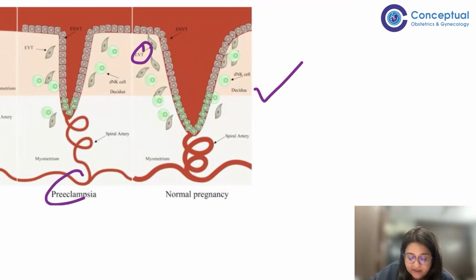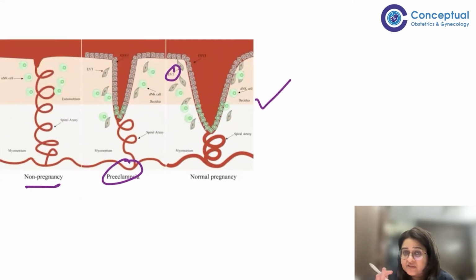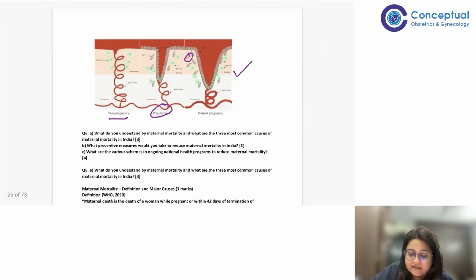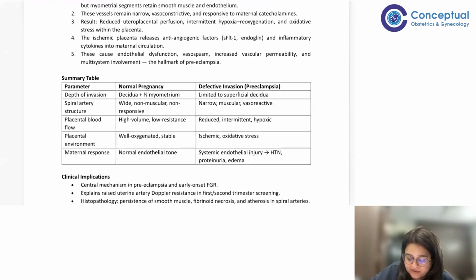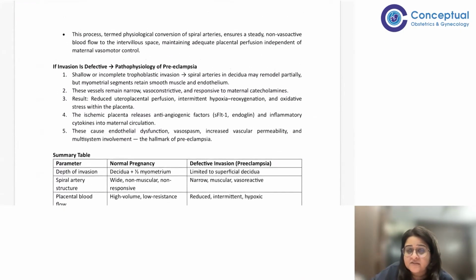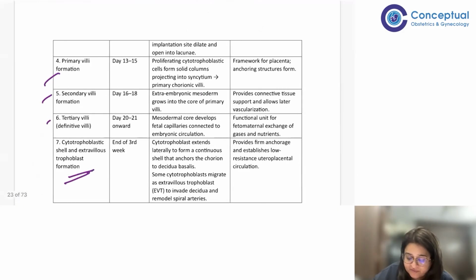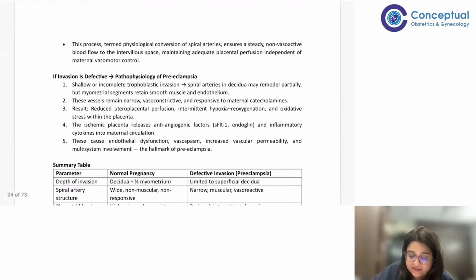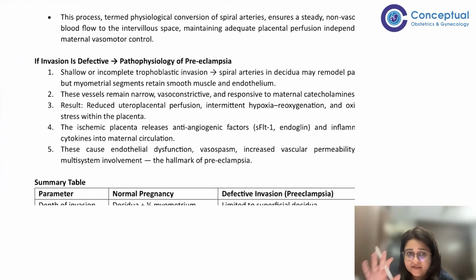But in the preeclamptic lady, there is deficient invasion of the trophoblastic cells in the spiral arteriole, leading to much less blood supply, and that triggers a host of inflammatory mediators leading to preeclampsia. So that's what the basic idea is.